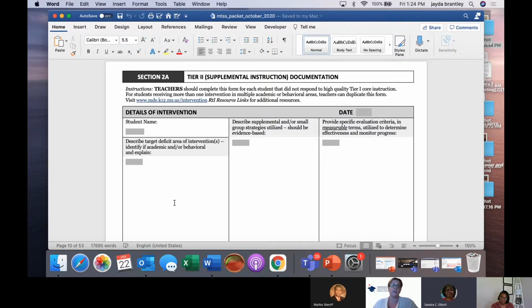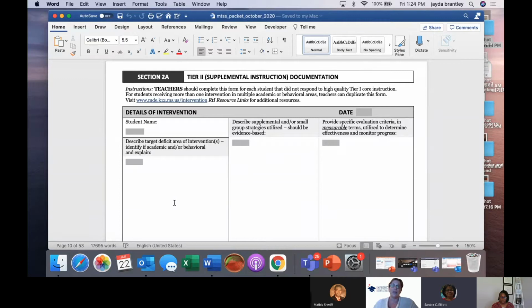They've mastered that, so we don't need to spend time working on sequencing of events. Maybe the diagnostic might show that the child is struggling with cause and effect, or a specific comprehension skill. So you just make those decisions as a team as to which deficit area to start with, or if you're going to do multiple.